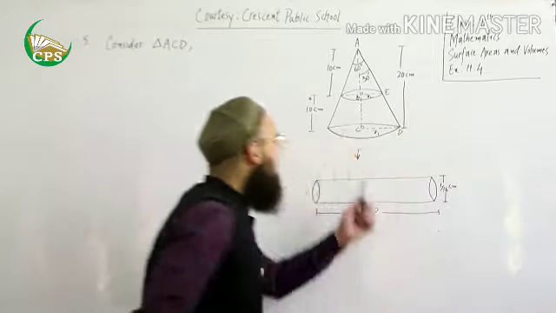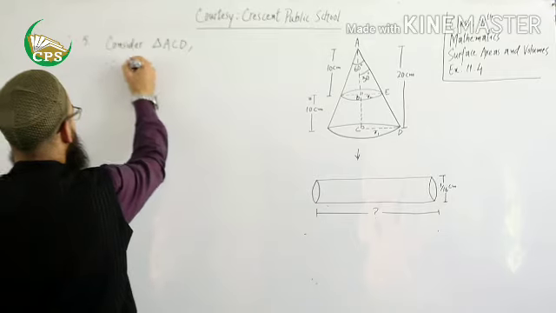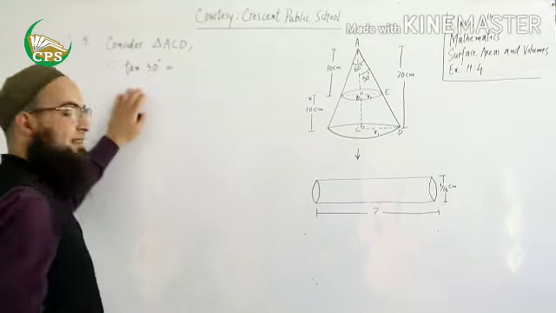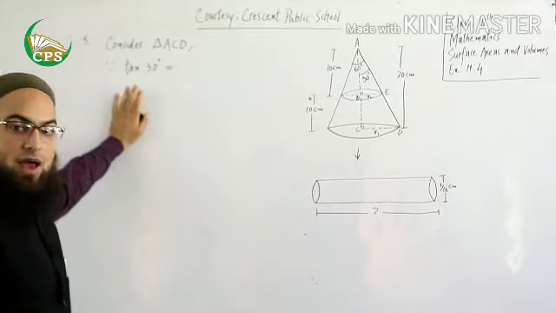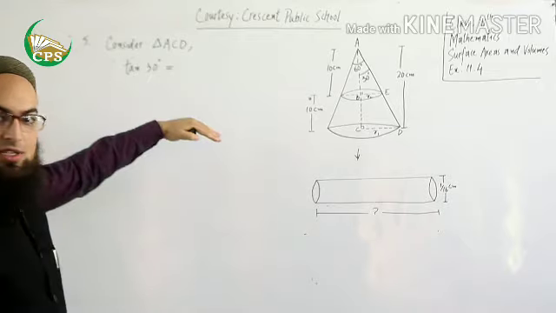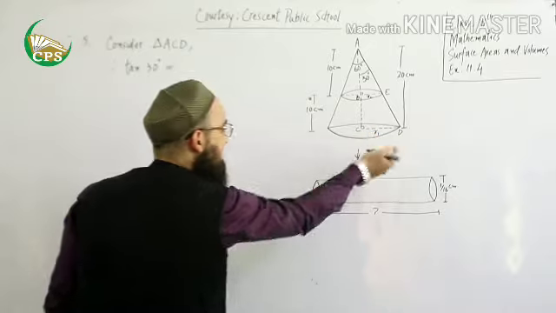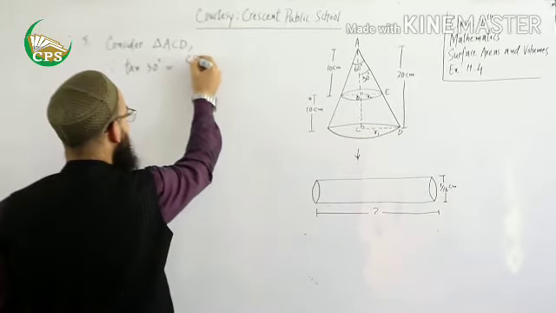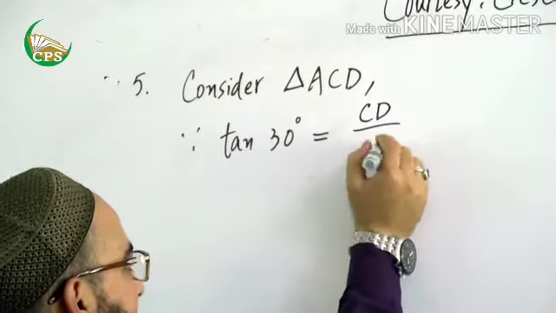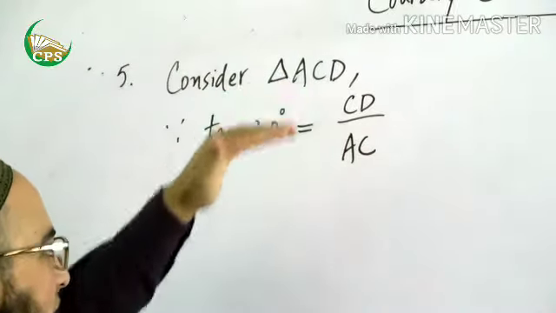Now using this triangle, let us find tangent of 30 degree. Tan is the ratio of the opposite side to the adjacent side. For 30 degree, the opposite side is CD divided by the adjacent side AC. Or you can say perpendicular by base.